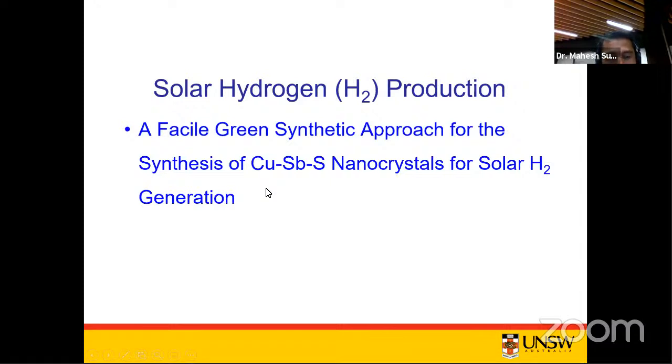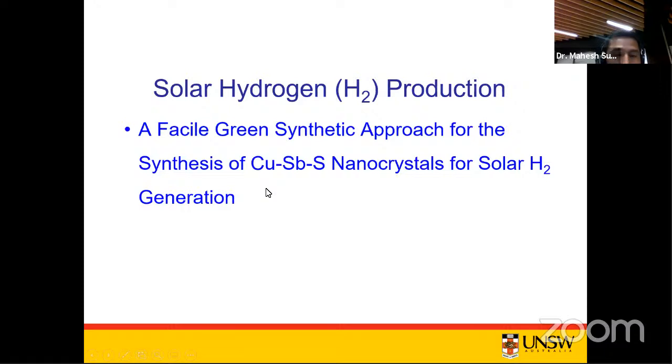Also, once you make nanocrystals using these long carbon chain ligands, during the sulfurization under nitrogen they usually give you carbon residues, which eventually impact the final device performance of nanocrystal-based thin film solar cells, as well as nanocrystal-based photoanodes or photocathodes for solar H2 production.